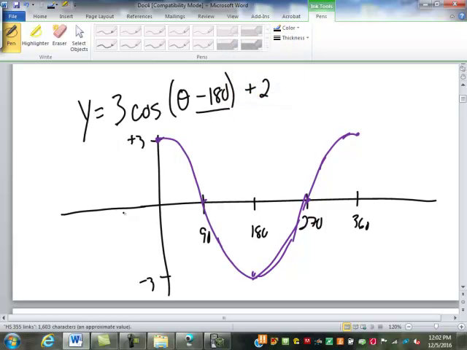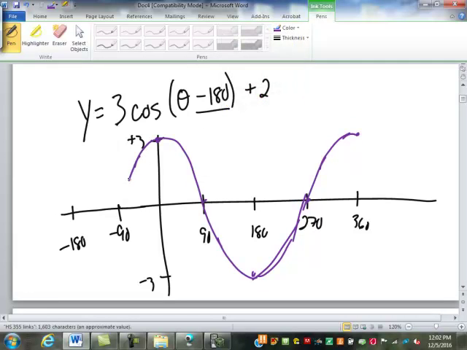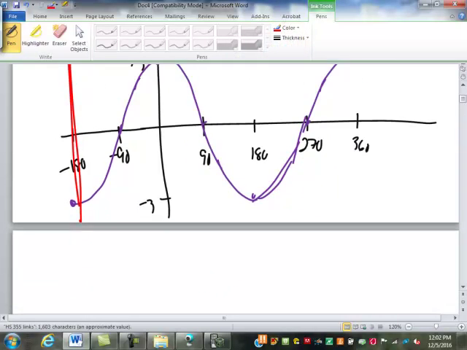I know this is minus 180, which tells me I have to go backwards to at least negative 180. And now my starting point is going to be negative 180. So I'm just going to have to redraw that graph. This is going to be my 0 point. This will be 90, 180, 270, 360.